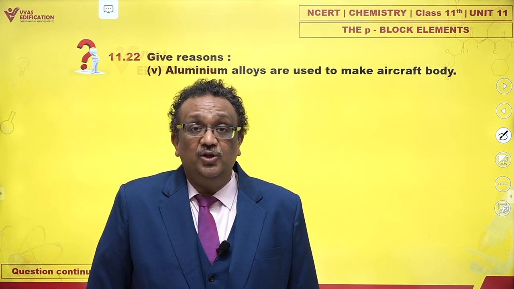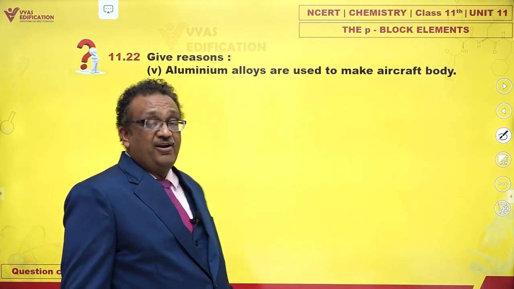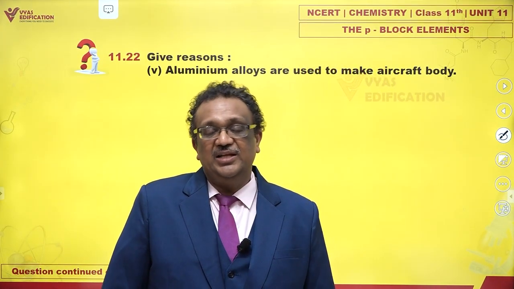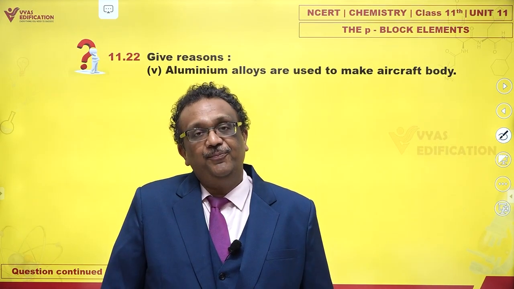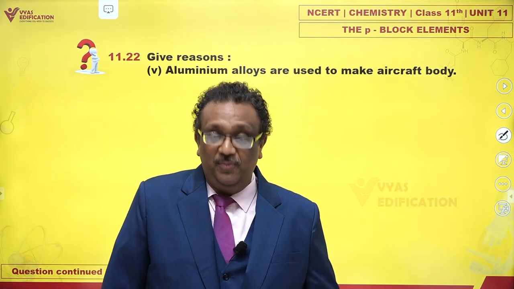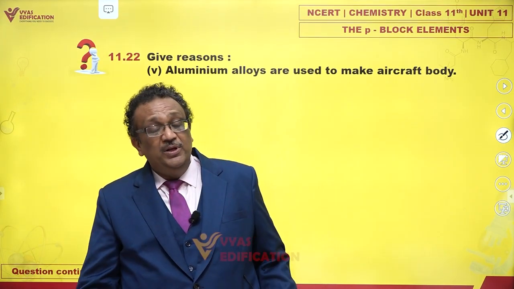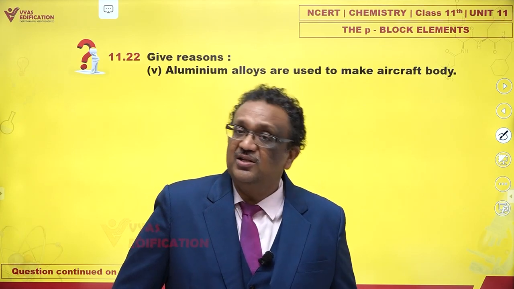Aluminium alloys are used to make the aircraft body. Aluminium as a metal has very less density as compared to iron. Iron has been very popular because it is sturdy, it is strong. Aluminium as a metal has a good tensile strength, it is a strong metal.